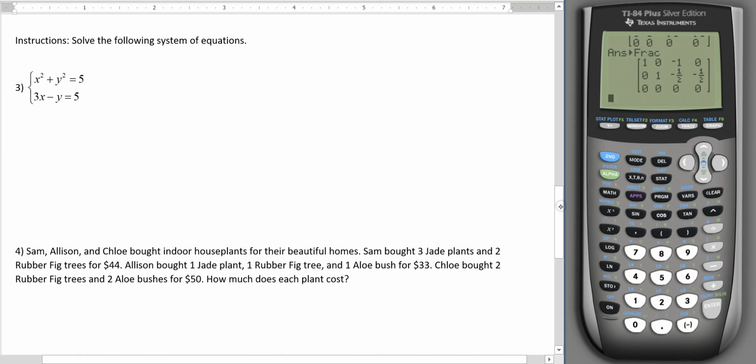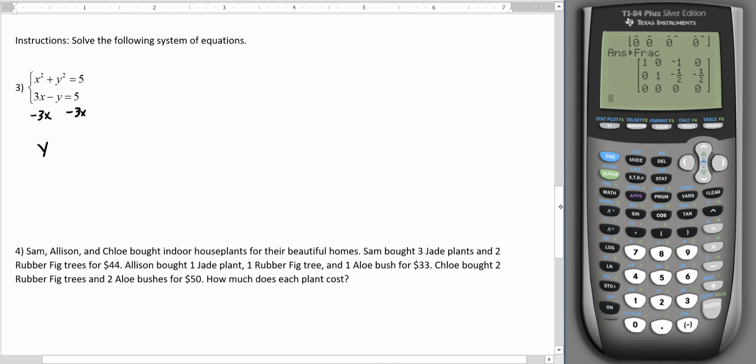All right, solve the following. Oh, man. So notice we do not have the same degrees, so we're going to have to solve this using substitution. That's okay. We can do that. Let's figure out what y equals here. So I'm going to subtract 3x from both sides.